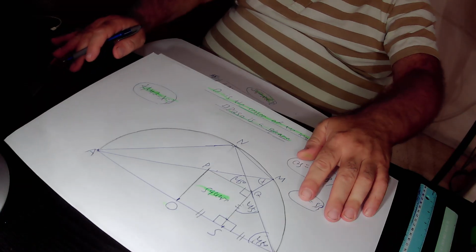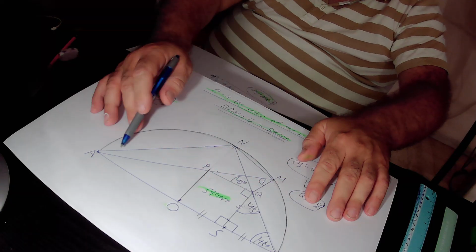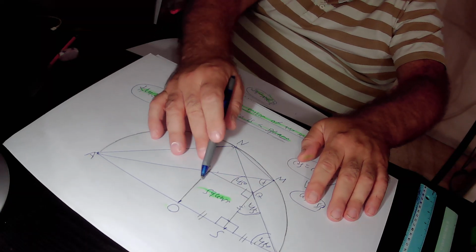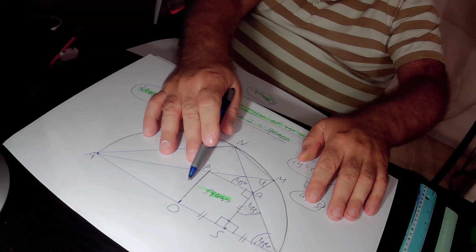When joining points A and N, we created peripheral angle ANB. This is peripheral angle ANB. Peripheral angle ANB subtends on chord AB, that is the diameter of this semicircle.